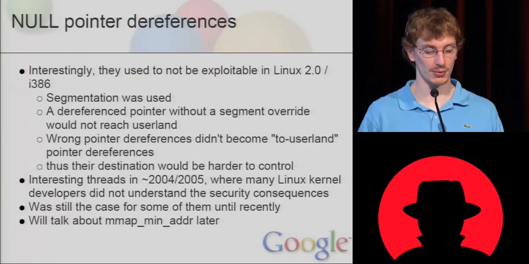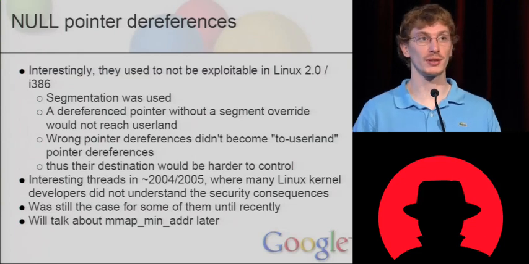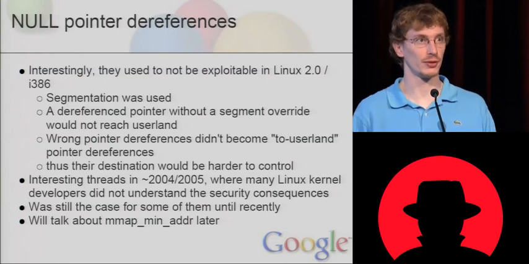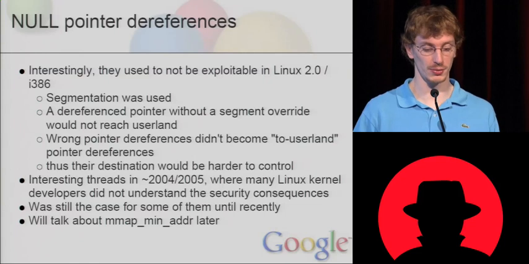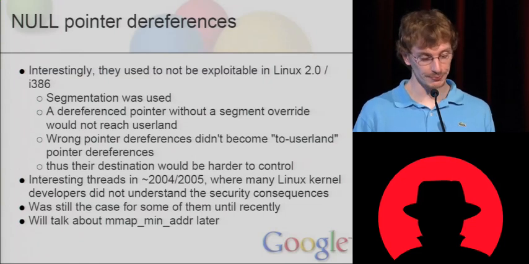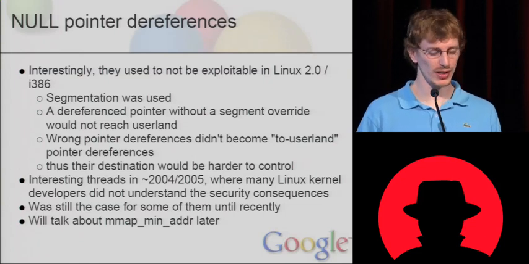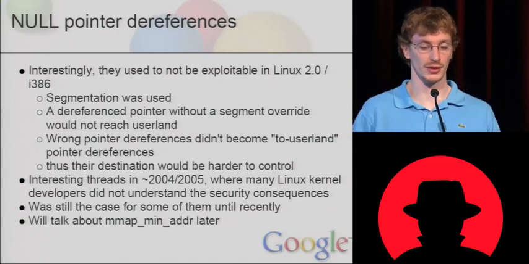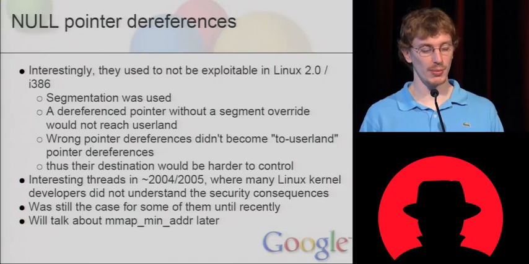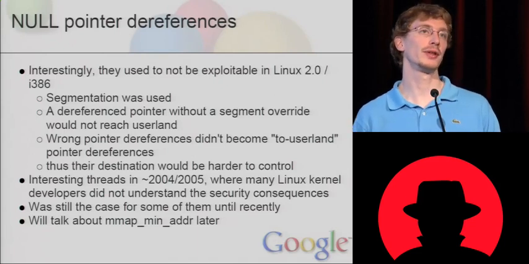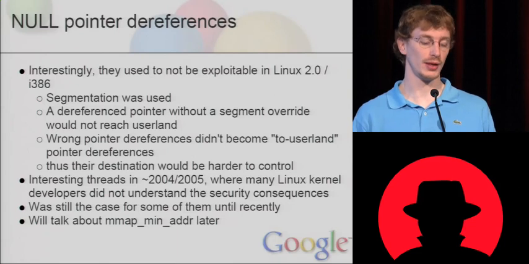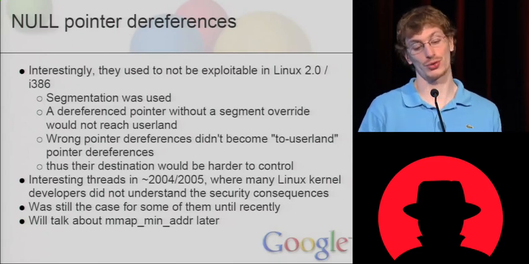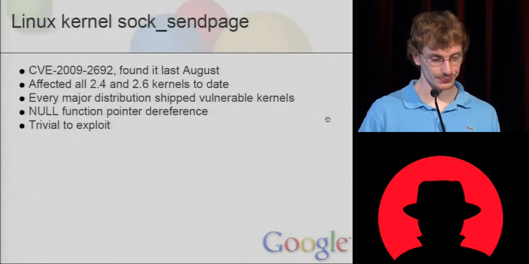I don't know what happened, but for some reason a lot of people didn't think this was an issue. It was very surprising because it was one of the most trivial and easy to understand issues, but many people didn't get it. Even recently, a few senior kernel developers in Linux didn't understand that. We'll talk about mmap_min_addr later, because now this problem, I think, is very widely understood, and there is even a feature in the Linux kernel to try and prevent you from exploiting this.